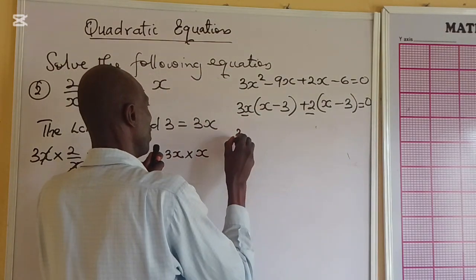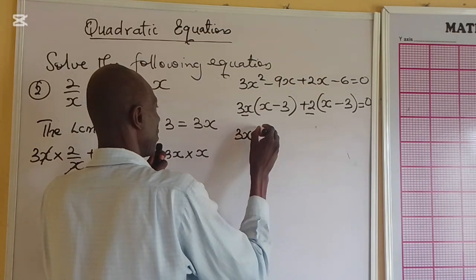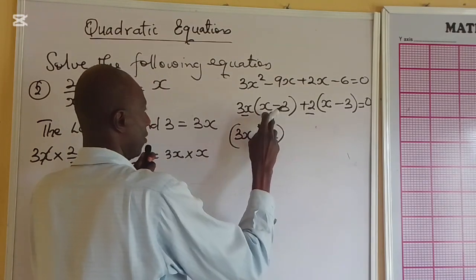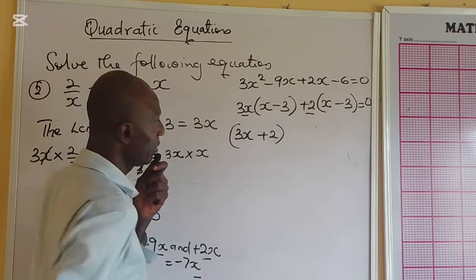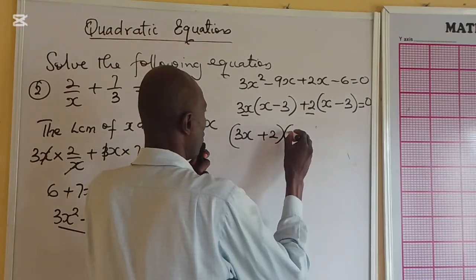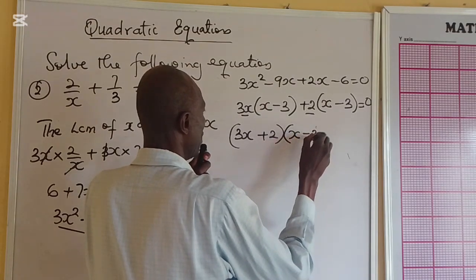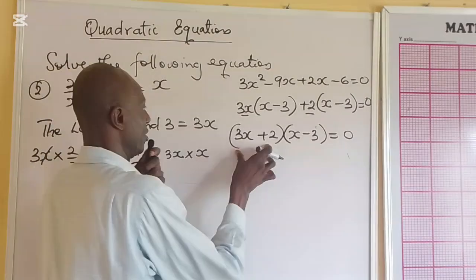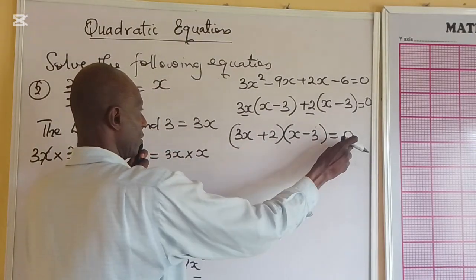So I bring the outside brackets out. Here is 3x plus 2, and here x minus 3. Make sure the two brackets are the same. If they are not the same, your working is not correct, so check your work. So I'm equating each of these brackets to 0.